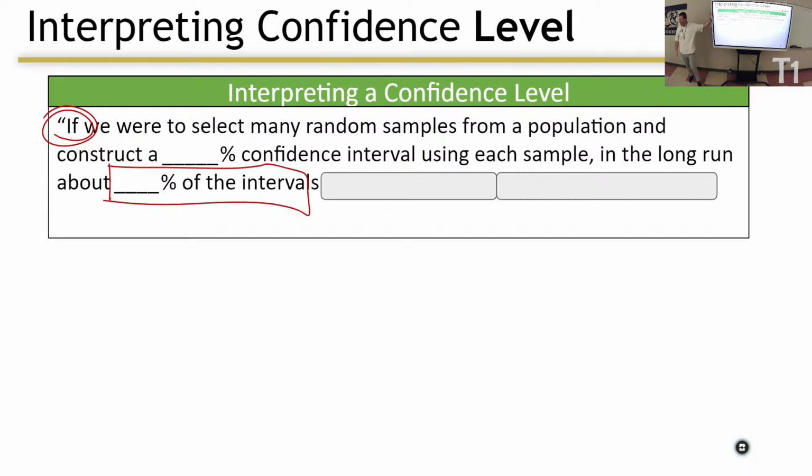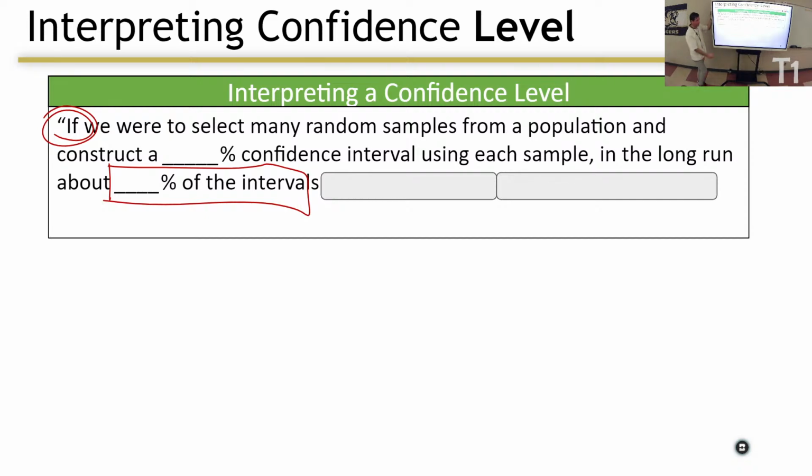About 95% of the intervals. Now, I'm not an English guy, but I cannot think of a different way you have to say this. I think you have to have the word of the intervals.